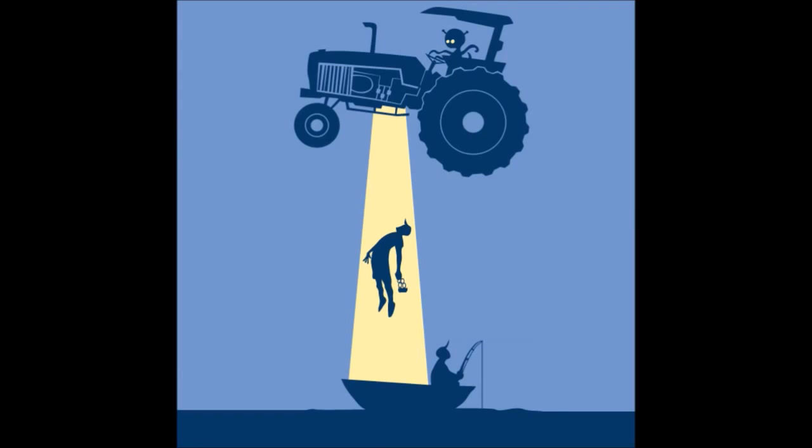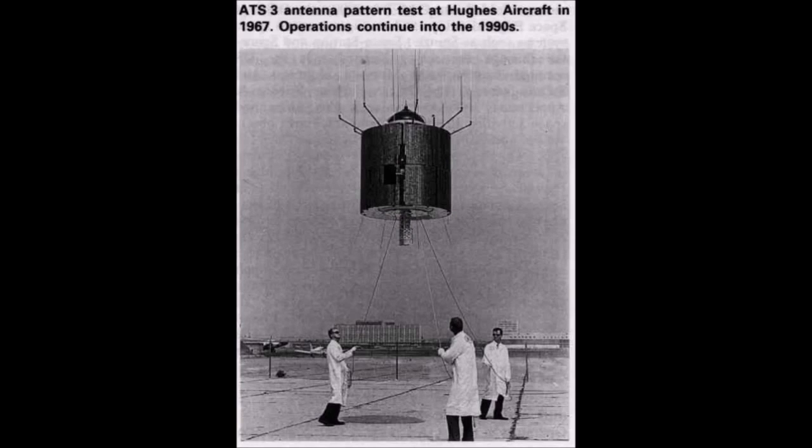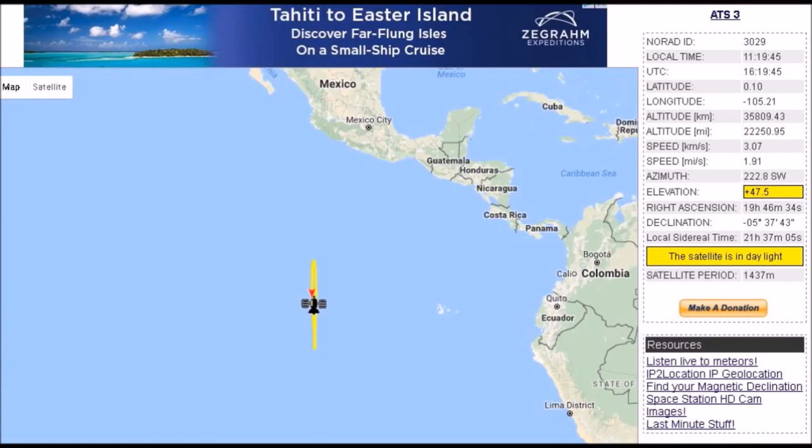So this is in 1967, and we're supposed to believe that they magically sent a rocket flying through the vacuum of space until it reaches the magical limit of 22,000 miles, and then it stops in its tracks. And it stays there for 34 years, because even though they claim that it was operated only until 2001, supposedly it's still up there. You can actually track the satellite. It's just to the west of Central America.